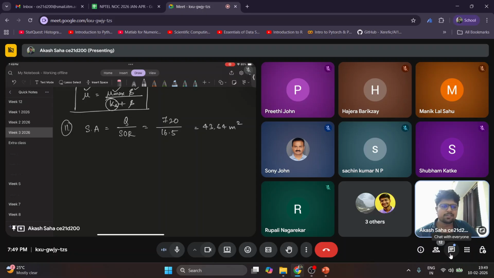The surface area is nothing but L into B. We know B, so L will be 43.64 divided by 5, which is 8.73 meters. Very simple.